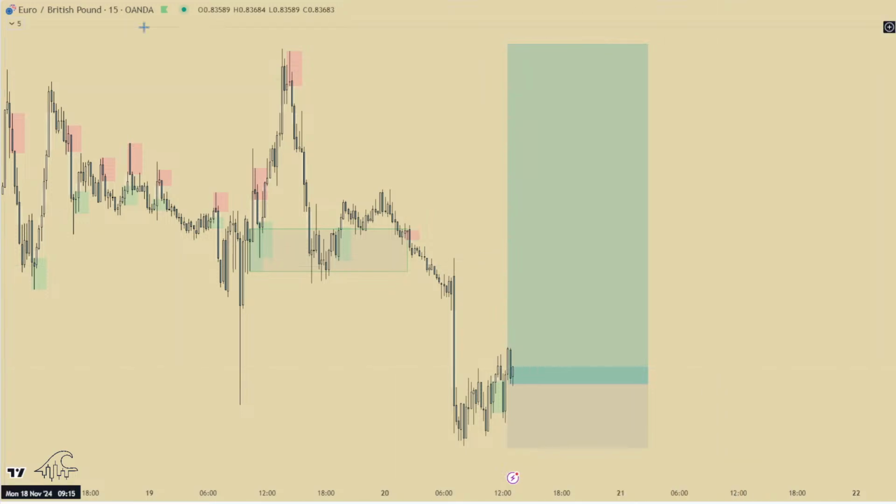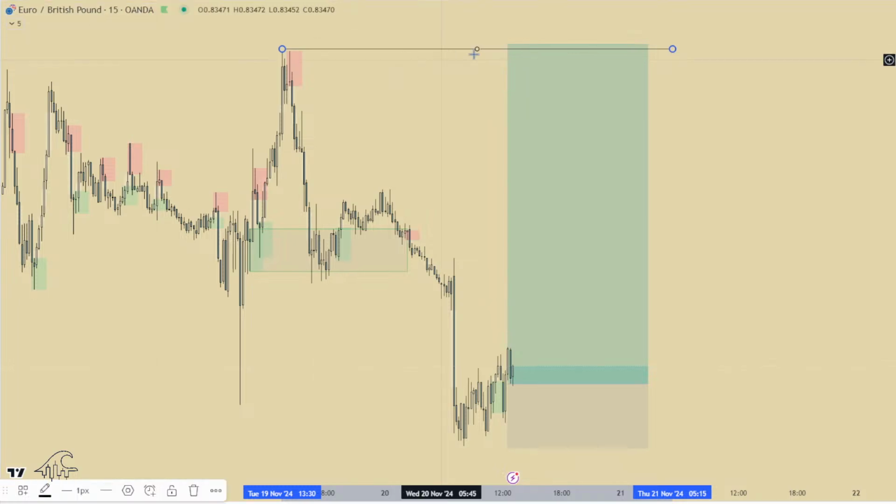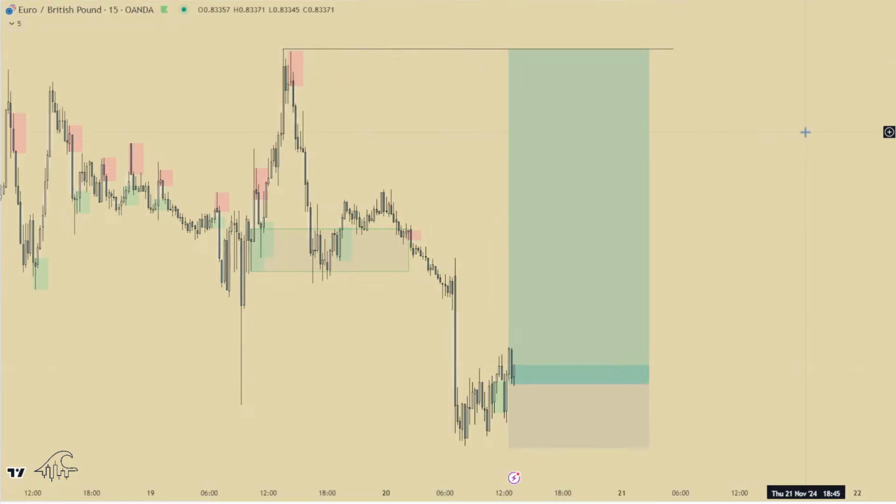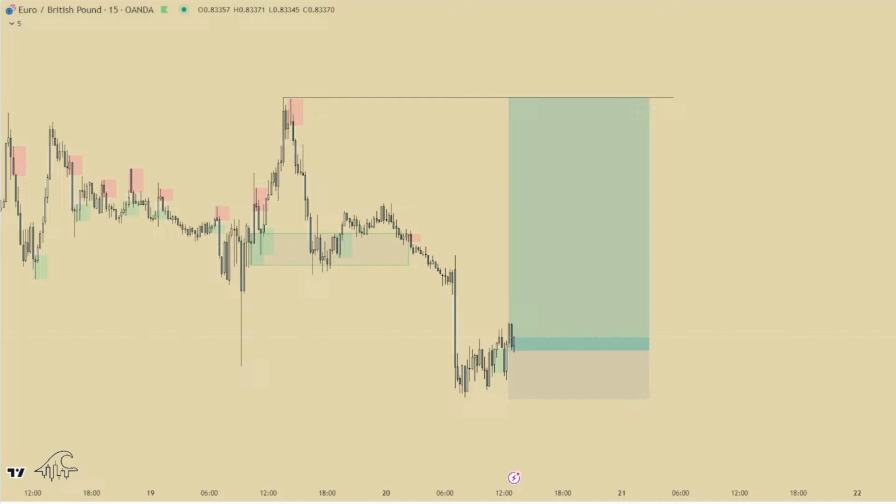Okay, so that's Euro GBP. And as I said before, it's not about how you think price is going to move. It's not about what you feel like price is going to do. What does your rule set tell you? What does the Keep It Simple series teach you? Apply it.